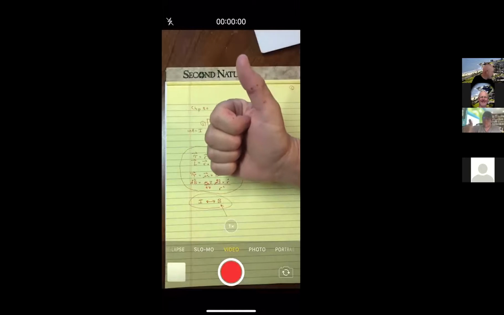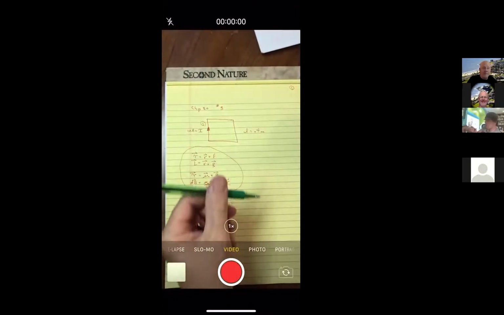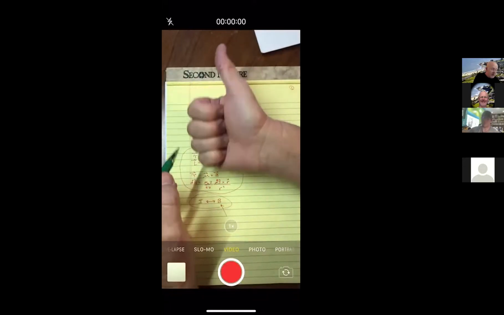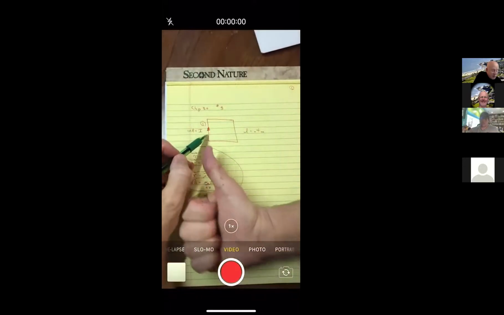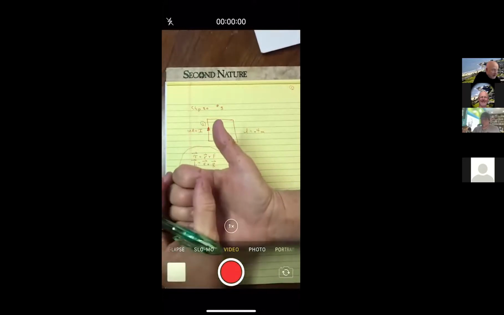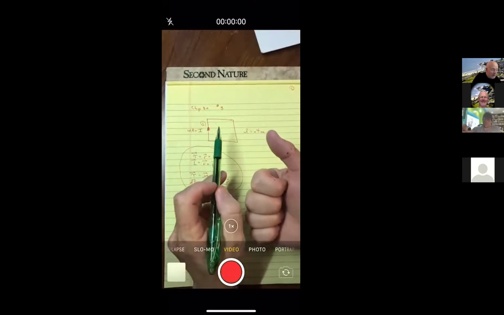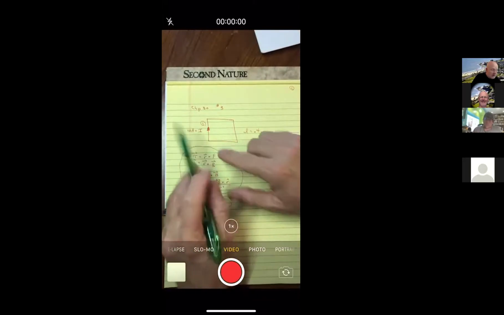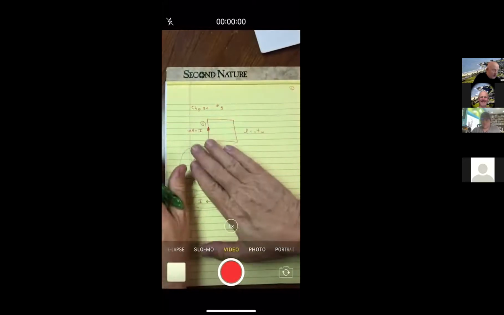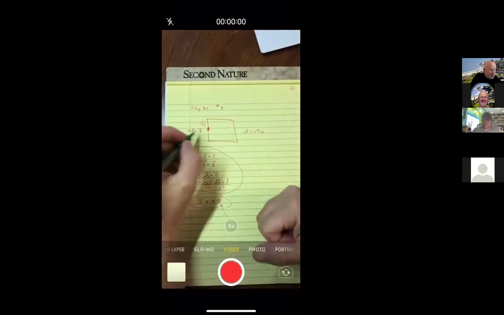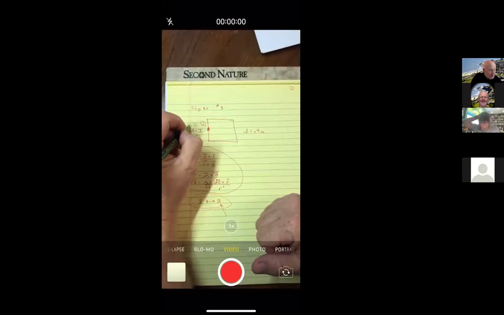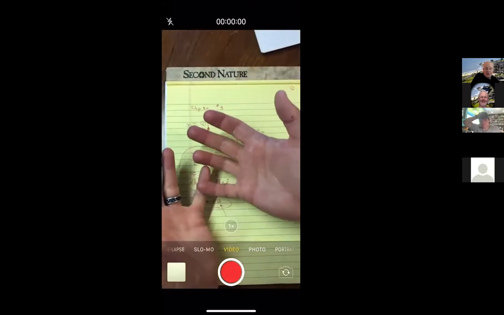If I grab my green pen to represent the field, and you imagine my thumb as this wire right here, then my fingers would be wrapping around this wire. So that means in the plane of the paper and to the left, my fingers would be curling outward. What we try to represent as a magnetic field coming out of the paper towards the video screen is dots.